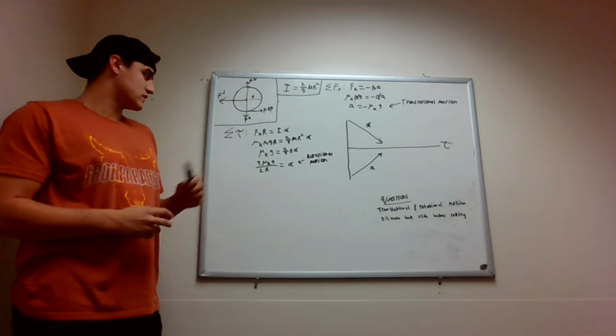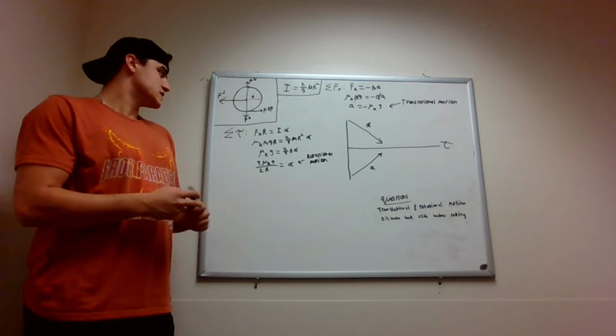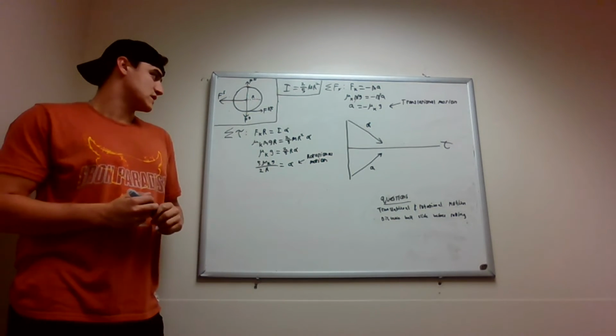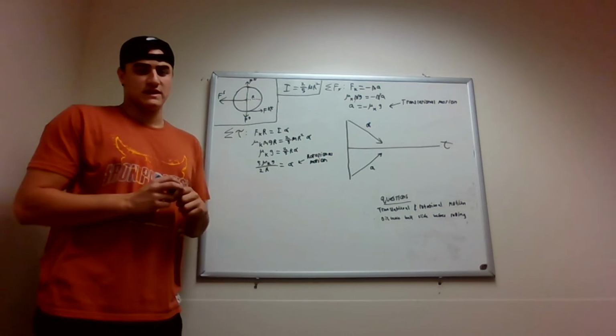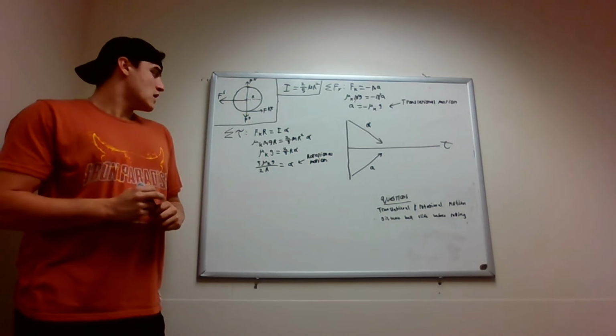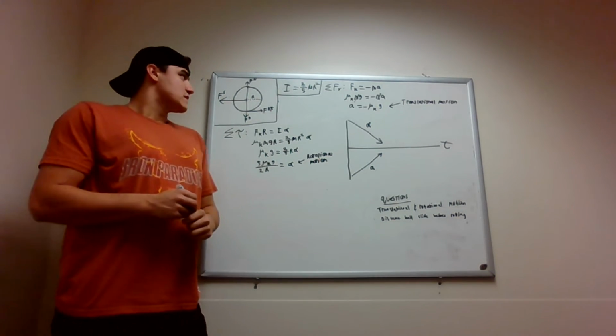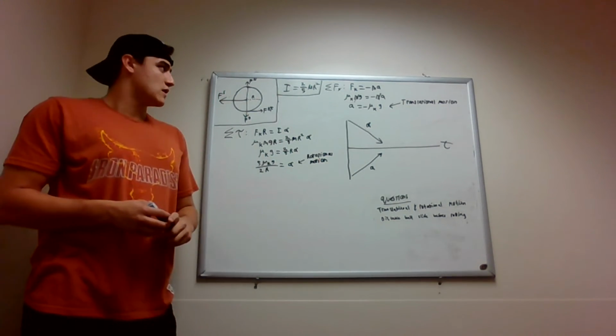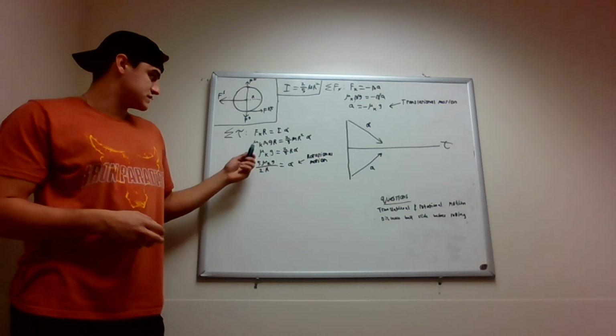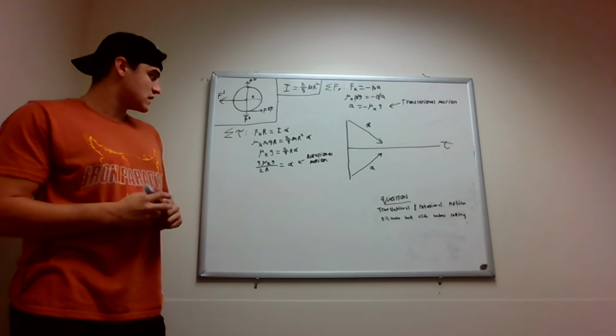And then we use torque to find the rotational motion. So we set the force of kinetic friction times r equal to the inertia times the angular acceleration. Using 2/5 m r squared as our moment of inertia from the tables we found online, we set that equal to the force of kinetic friction times the radius.